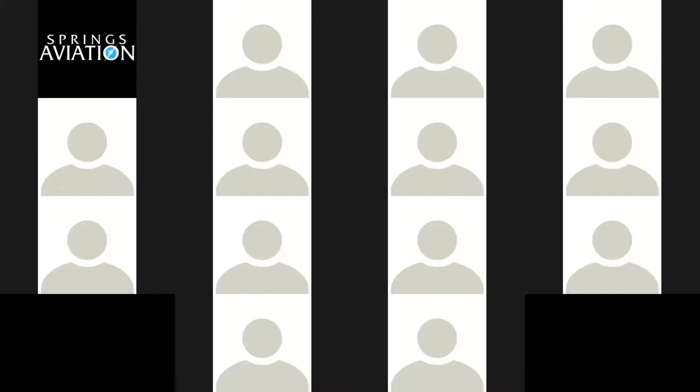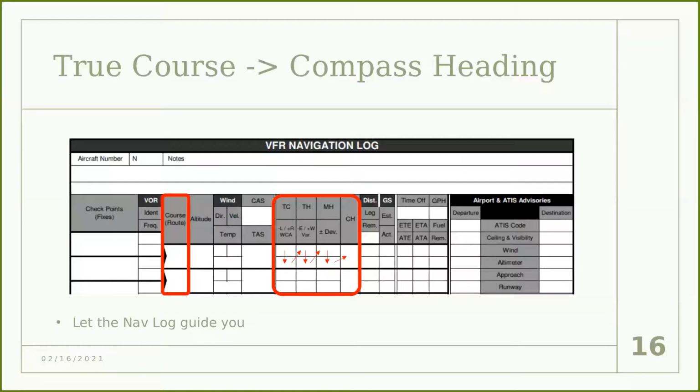Now, I'm going to switch back over to this one. All right. So that's our true course. So we're going to use 052 for our true course. Everyone could write it into the course route there at the beginning, and then in the first upper box of that little segment, TC.